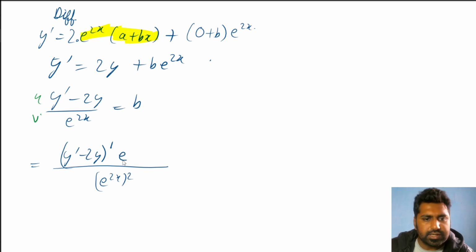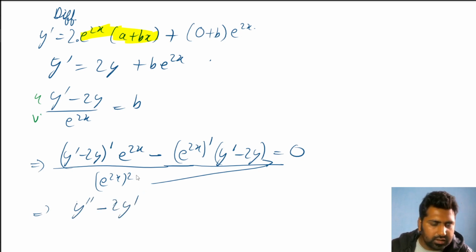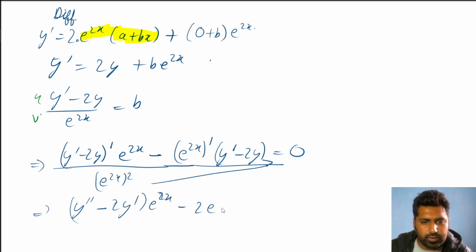Let's write it first and then we'll differentiate. e raised to power 2x as it is minus e raised to power 2x differentiation and (y dash minus 2y) as it is equal to 0. Take this denominator on the other side, that becomes 0. Now let's differentiate. y dash differentiation is y double dash, minus y differentiation is y dash, e raised to power 2x. e raised to power 2x differentiation is 2 into e raised to power 2x. Okay, minus (y dash minus 2y) is equal to 0.